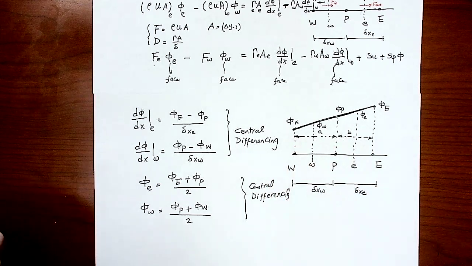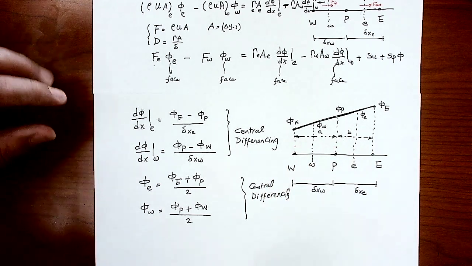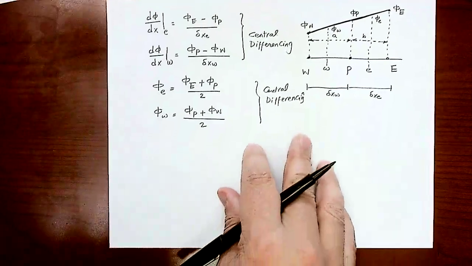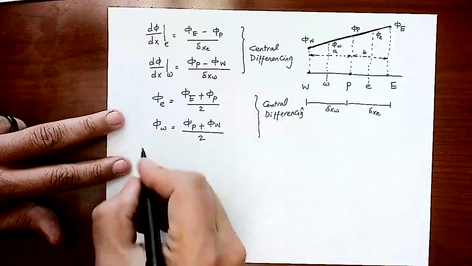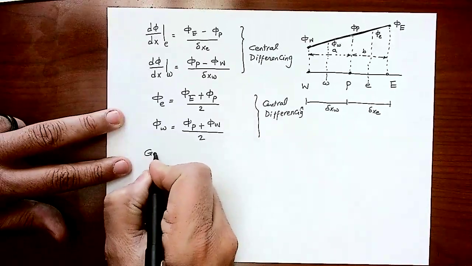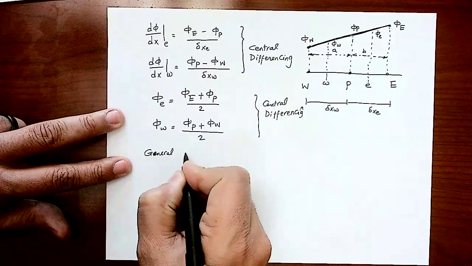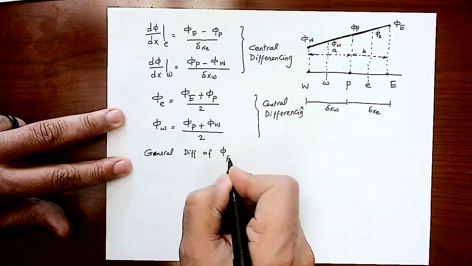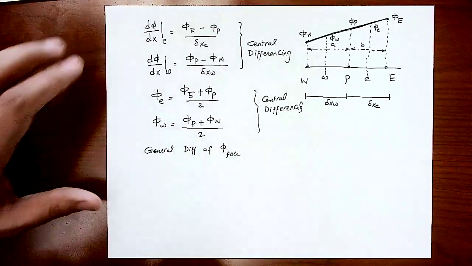So, in more generalized form, if you want to get the value of phi at any face, so the general definition of phi at any face. What is the general definition?